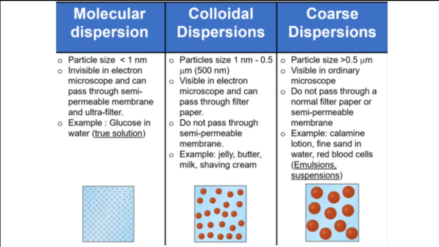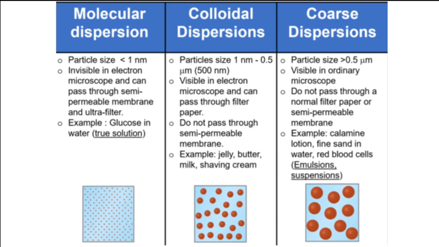We can also refer to this difference between molecular dispersion, colloidal dispersion, and coarse dispersion. In molecular dispersion, particle size is less than 1 nanometer. In colloidal dispersion, particle size is between 1 nanometer and 0.5 micrometer. In coarse dispersion, particle size is greater than 0.5 micrometer.